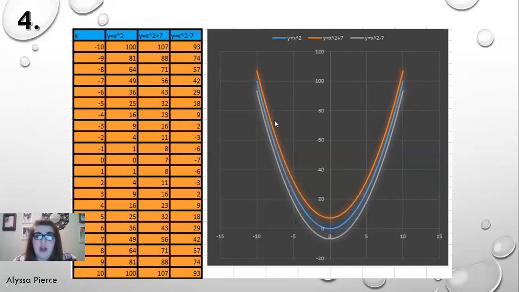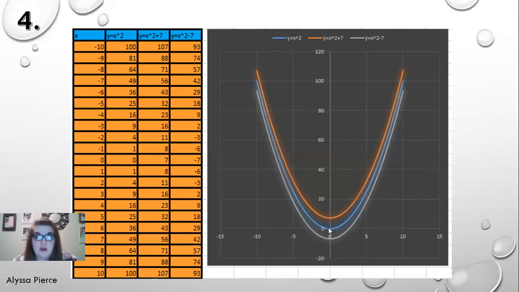So I'm going to show you, the blue line represents our x squared. So it sits right in the middle, and the main point of this parabola hits 0, 0. So it's just right there. It's neutral. It's in between these two. So you know if you take this point and you're adding 7, you're going up to our orange line, which represents the x squared plus 7.